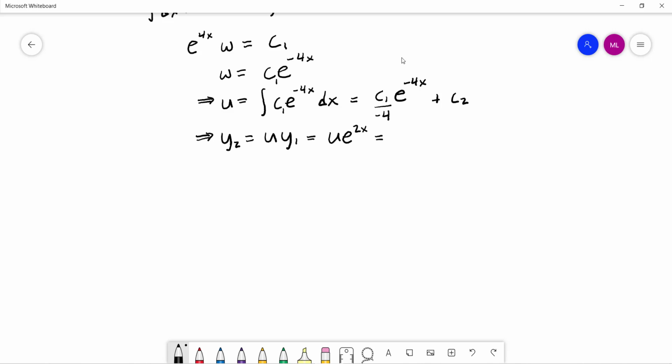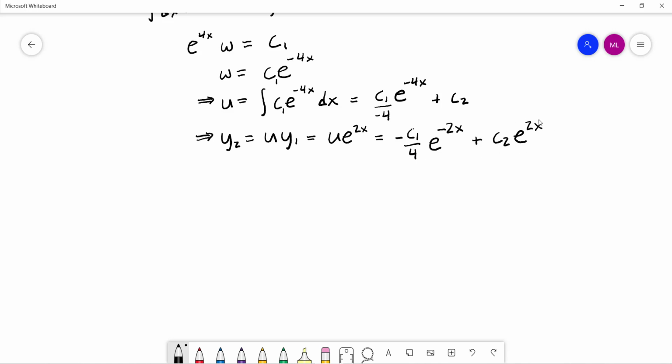When I multiplied e to the 2x by this first term, e to the 2x times e to the negative 4x, I would be left with negative c1 over 4 e to the negative 2x. And then for the other term, I'd have c2 e to the positive 2x. Okay, so here's what we've got.